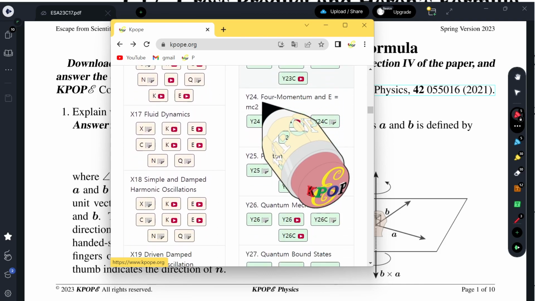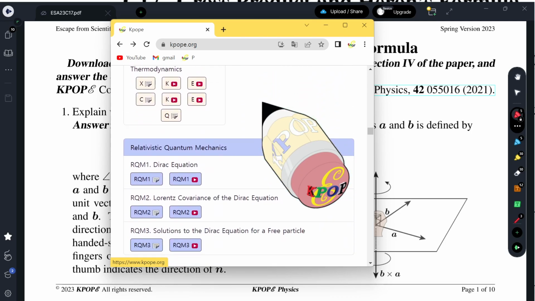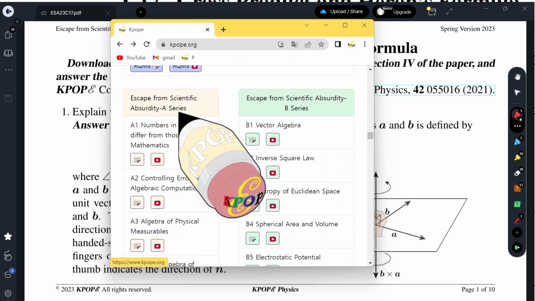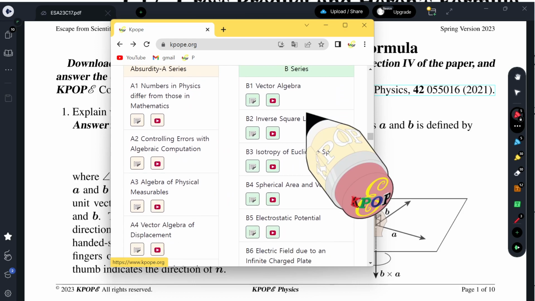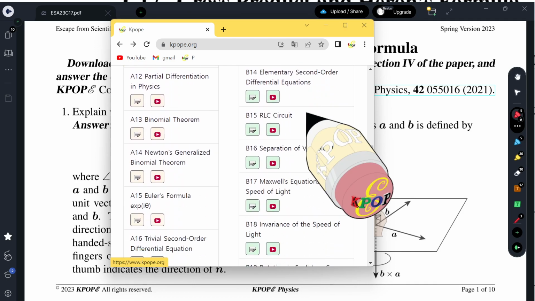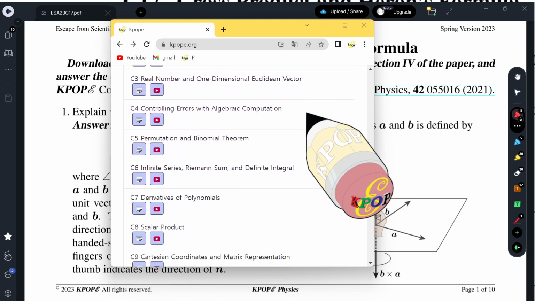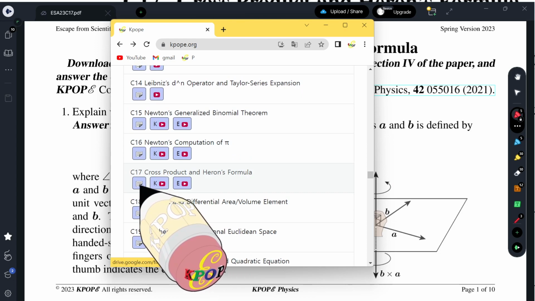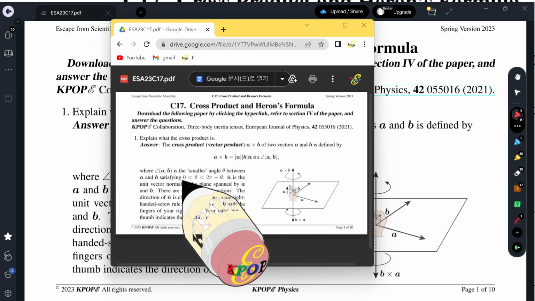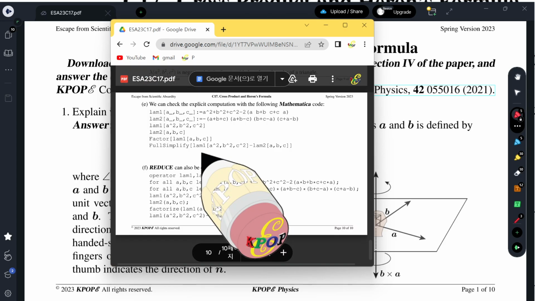For example, this is 17, Escape from Scientific Absurdity. Here, Escape from Scientific Absurdity, Series A, Series B, and then Series C we are working on. In here, we have C17. If you click, you can download this PDF file as it is.